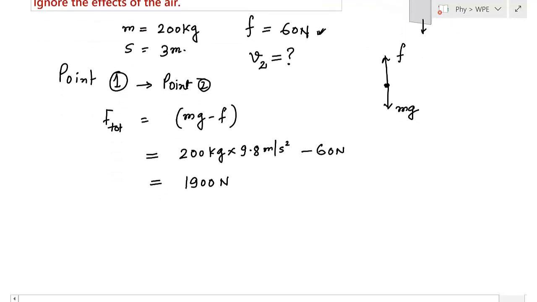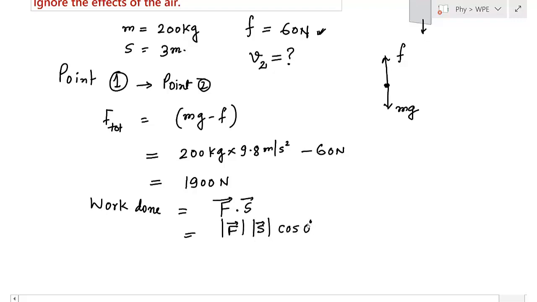Now we can also calculate the work done from point 1 to point 2. If you remember, work done is force, in this case the resultant force, dot displacement. The resultant force is acting in the downward direction, and motion is also in the downward direction. So the angle between the force vector and displacement vector is 0 degree. So we can write this as magnitude of F, magnitude of S, and cos of phi.